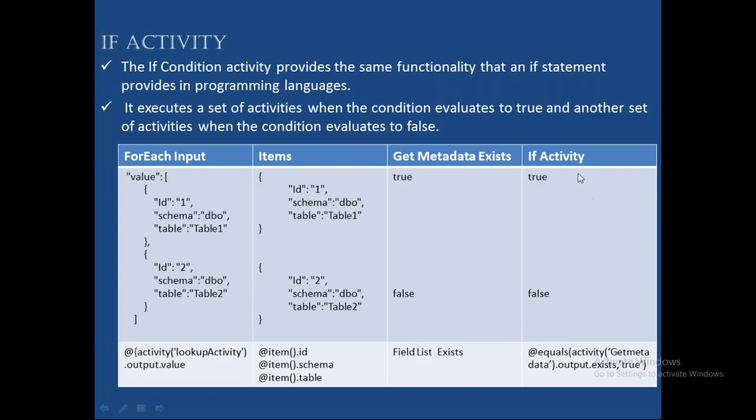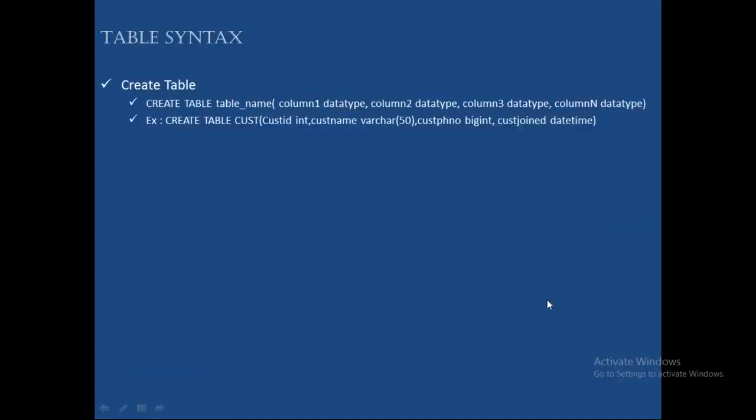So I'm going to write an if condition saying that if get metadata returned exists, then my condition should be true. If get metadata returned false, my overall condition should be false. So based on this, if get metadata returned true, the if activity is true; if get metadata returned false, this is also going to be false, right?